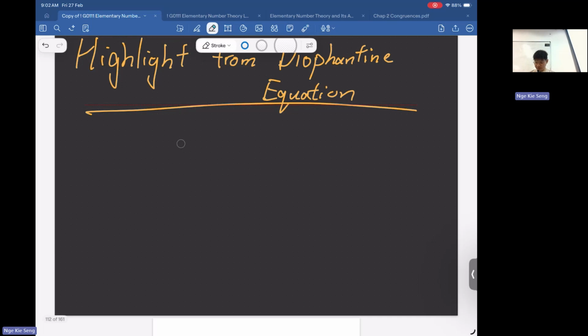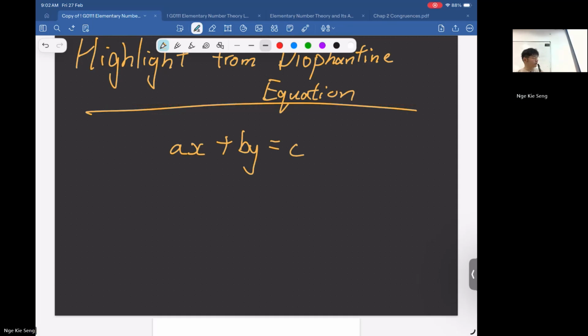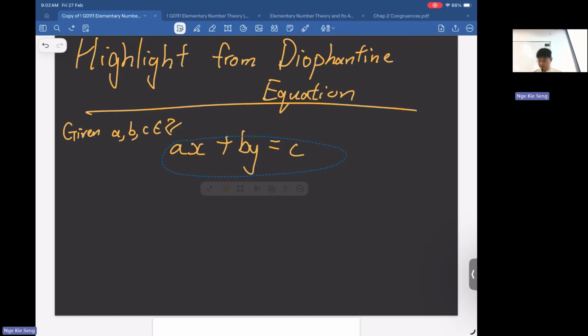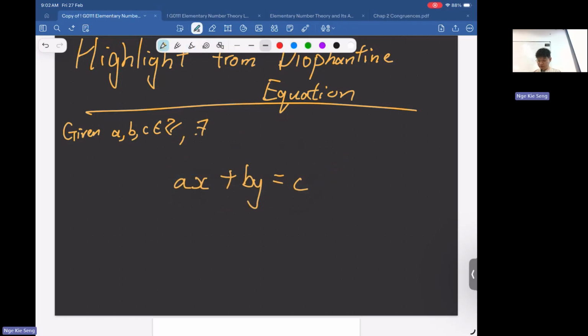It's an equation that looks something like this: ax plus by equals c. So we want to ask, given a, b, c, when do you have an integral solution?